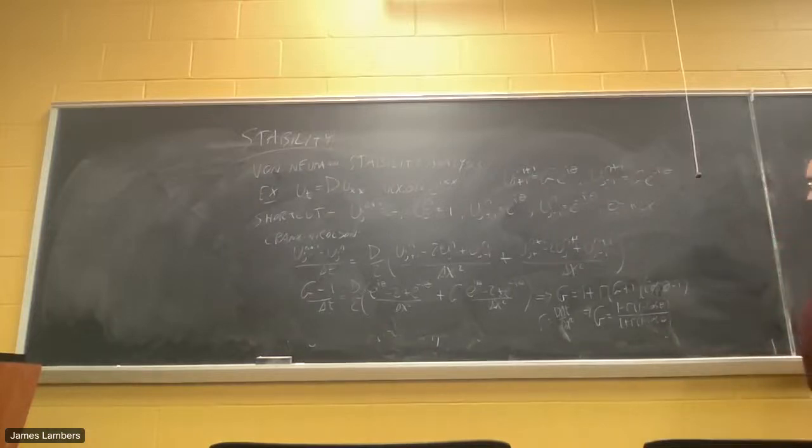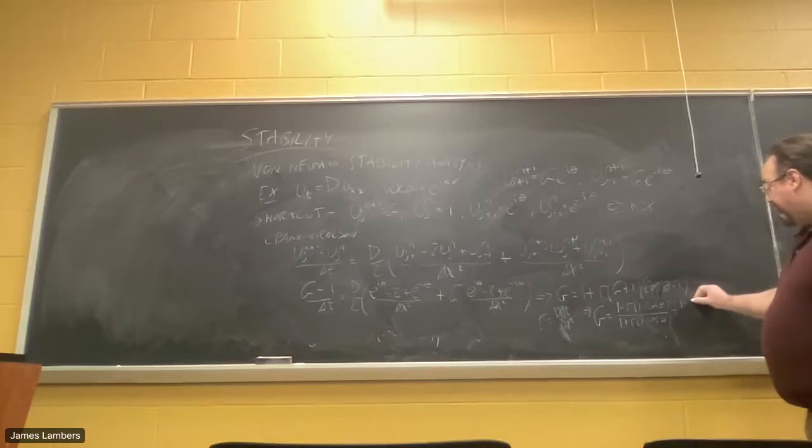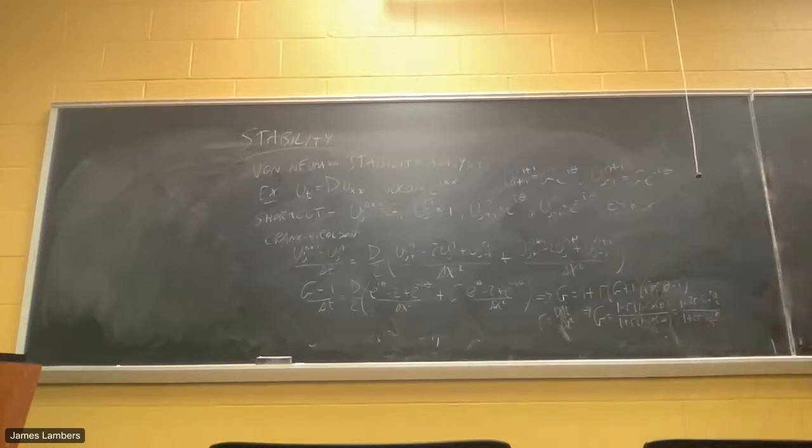Okay. If I do the same trig identity thing as last example, we get (1 minus 2r sine squared of theta over 2) over (1 plus 2r sine squared of theta over 2).